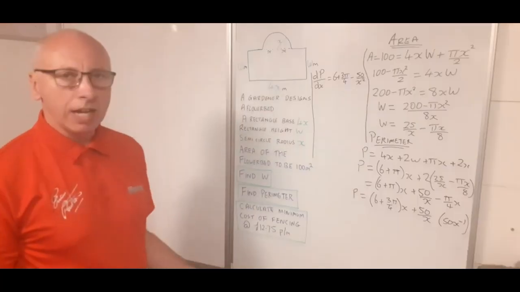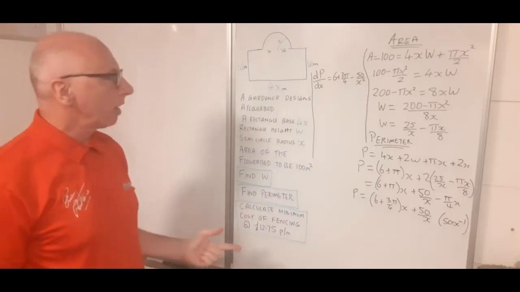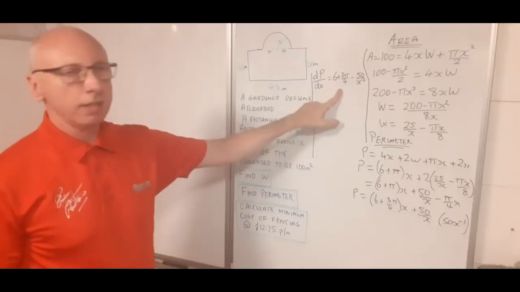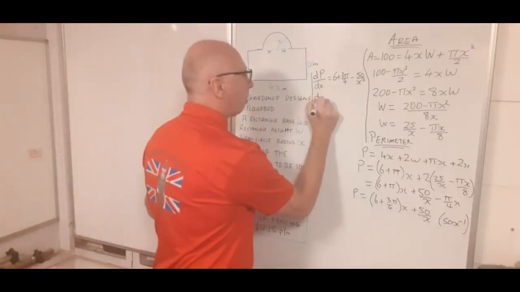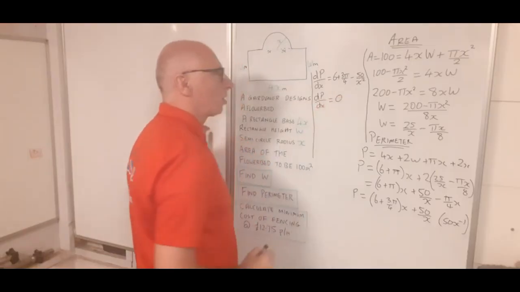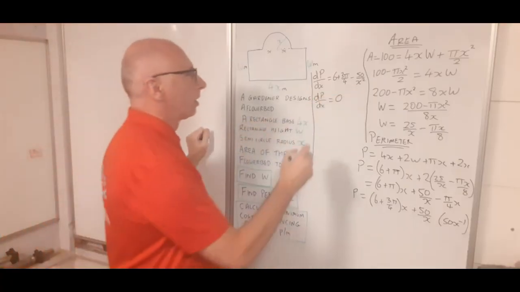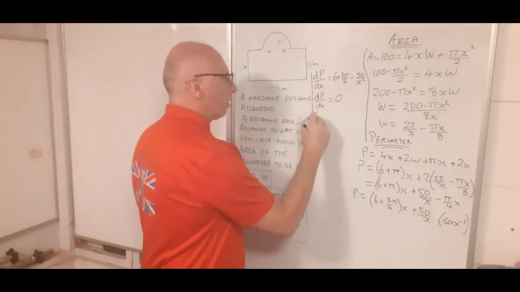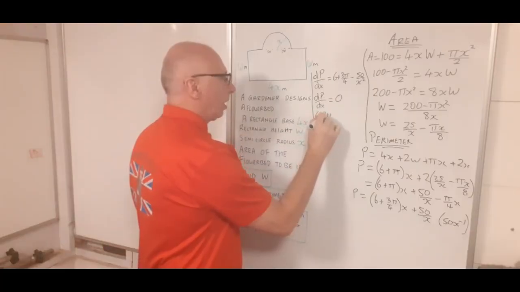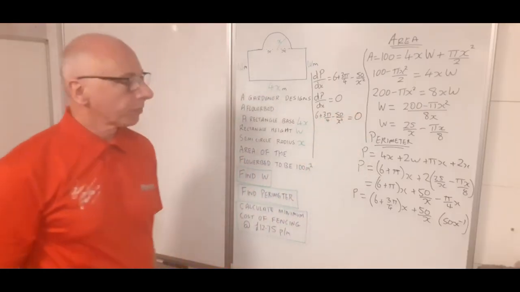Okay, now as that's a derivative and I want to find my minimum value or maximum value, that's always when this is 0. So what I require is the derivative of P with regards to x equals 0. So if I set this to 0, I can get my x value. So then I've got 6 plus 3 pi over 4 minus 50 over x squared equals 0.